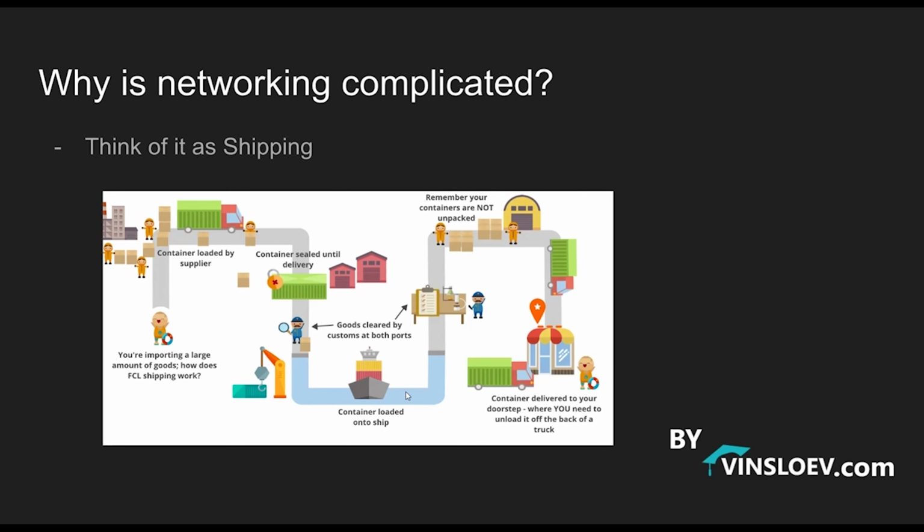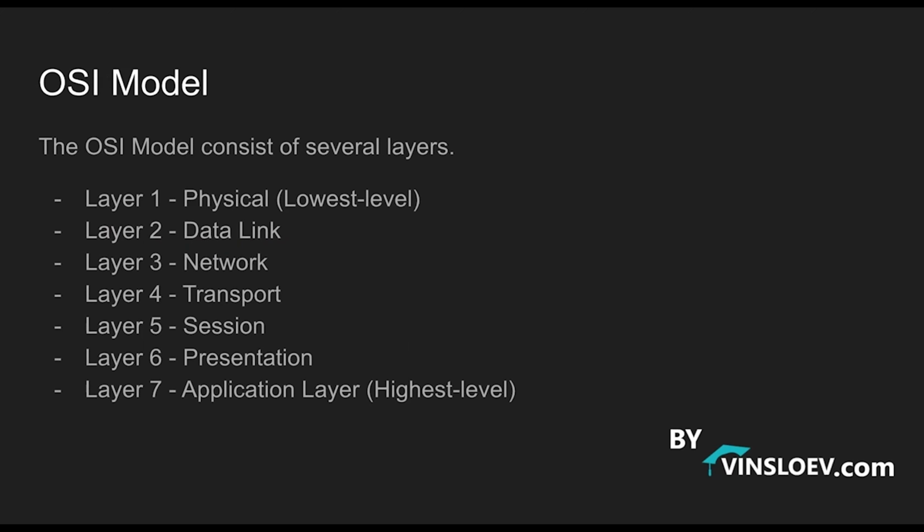Whenever we are doing something online, there are a lot of steps happening behind the scenes, and that can be broken down into the OSI model, which we are going to talk about in this lecture. So, the OSI model is the network model that defines all the aspects that happen when we are communicating over a network, and it consists of 7 layers.